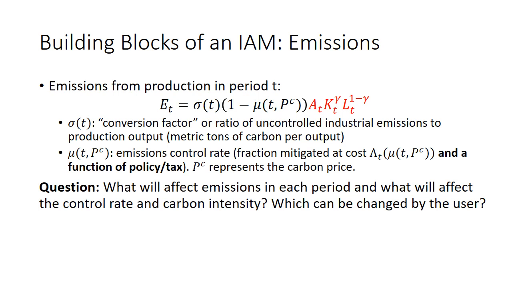So the question in the decarbonization group is, how is sigma t going to evolve over time? How is CO2 per GDP going to evolve over time? Is it going to increase, decrease, or remain flat? Basically, all of this can be changed by the user. Anything in this model can be changed by the user.